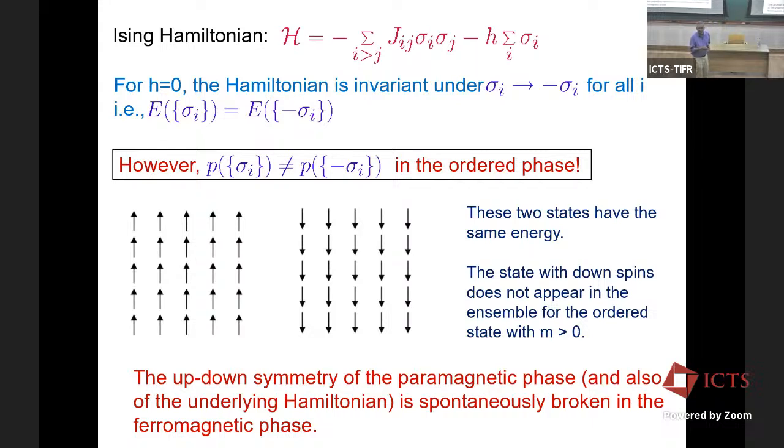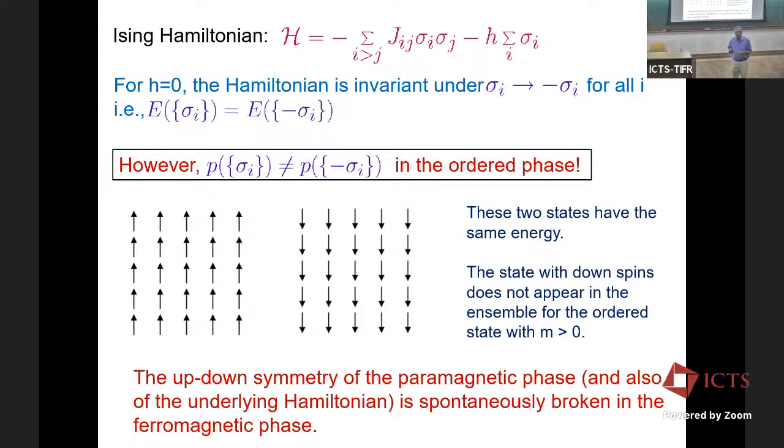So what happens in the ordered state is that you see either this or that. You don't see both. This is the situation where two states which are related to each other by a symmetry operation of the Hamiltonian, and that by definition tells you that they have the same energy, do not occur with the same probability in the ensemble that you are looking at.